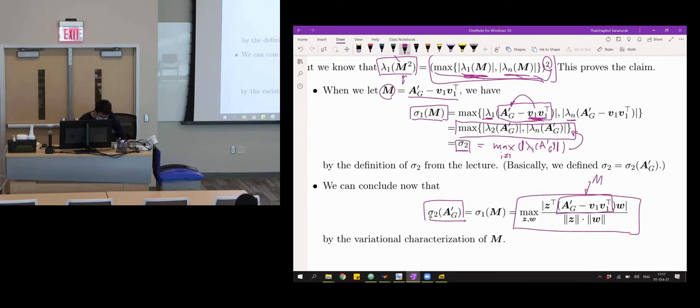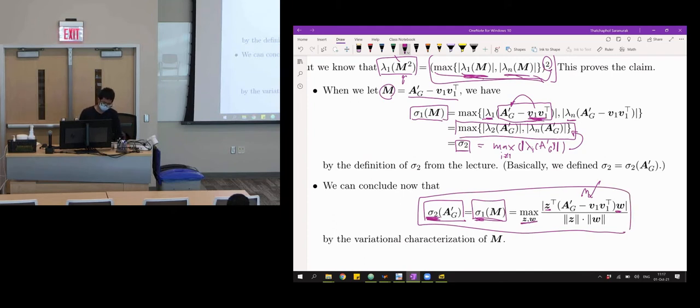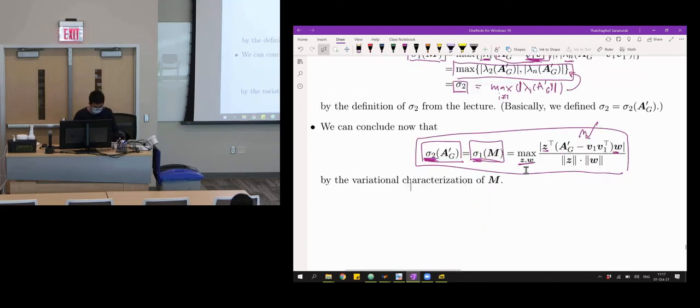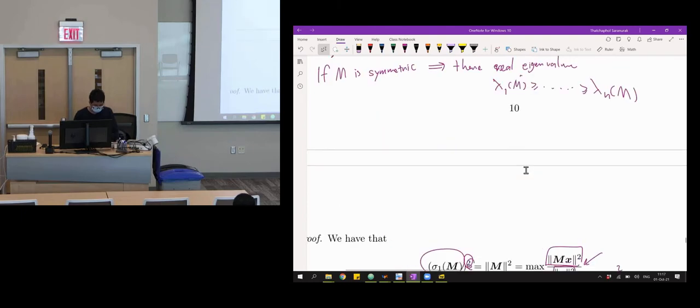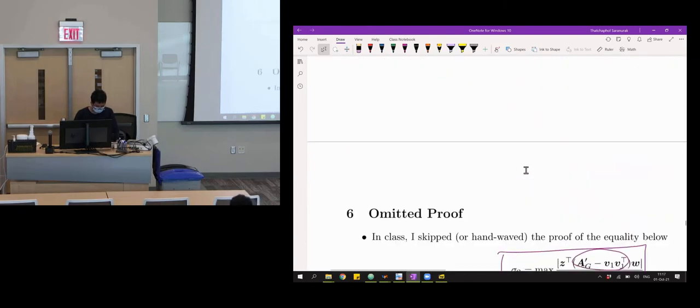So I just write sigma 2 here is sigma 1 of M. But we saw from the variational characterization of sigma 1 that this is the same thing as maximizing over z and w from both sides, where the thing in the middle is M. This is M. And that proves the equality that we need. Okay.